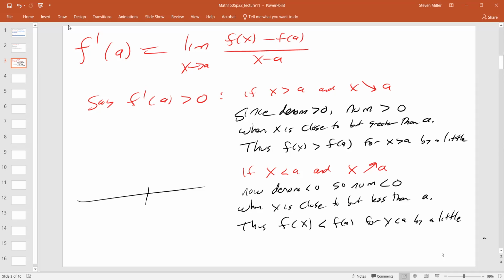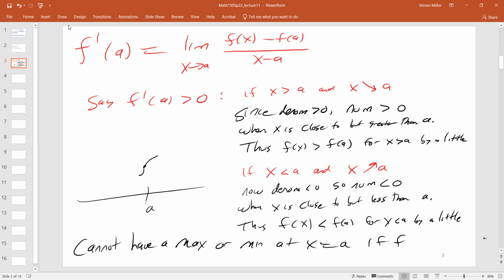And so what this is telling us is it's got to look something like this in the neighborhood of a. It's going to be a little bit larger to the right, a little bit smaller to the left. So we cannot have a max or min at x equals a if f prime of a is greater than 0.